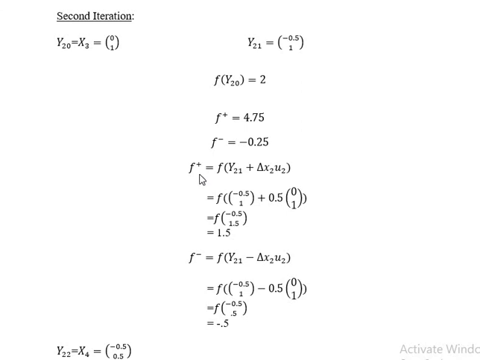Then f plus equal to f at y21 plus delta x2 u2, and after simplification the value becomes 1.5. F minus equal to f of y21 minus delta x2 u2. Then after simplification the answer is minus 0.5.